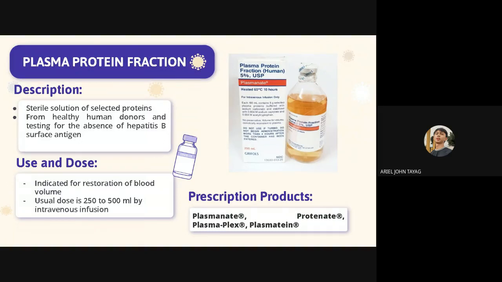So for the use and dose, this substance is a human blood fraction that is indicated for restoration of blood volume when the patient is in a state of shock caused by burns, crushing injuries, and any other causes. So its usual dose is 250 to 500 ml by intravenous infusion. And for the prescription products, we have Plasmanate, Protenate, Plasmaplex, and Plasmatane. So next slide po.